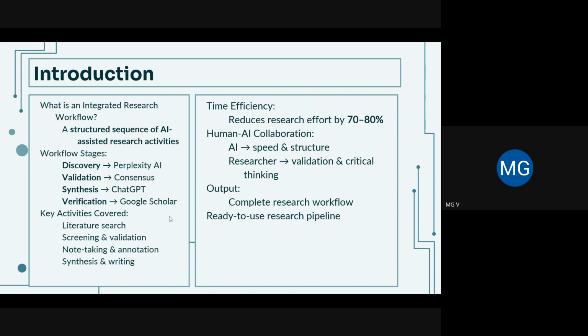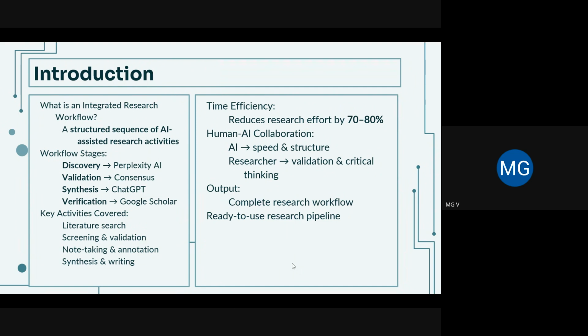This is followed by synthesis, where ChatGPT structures and integrates findings into coherent outputs, such as literature reviews and research frameworks. Finally, Google Scholar is used for verification to ensure citation accuracy and academic credibility. This integrated approach significantly reduces time and effort while maintaining research quality.